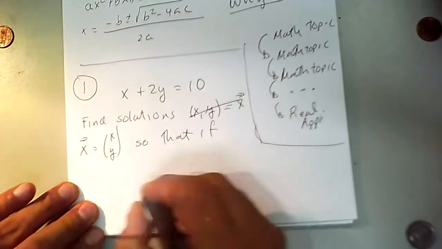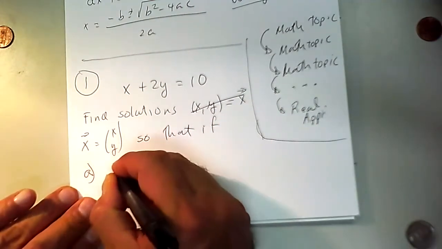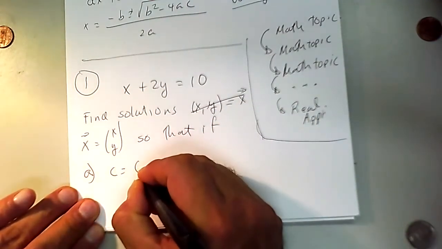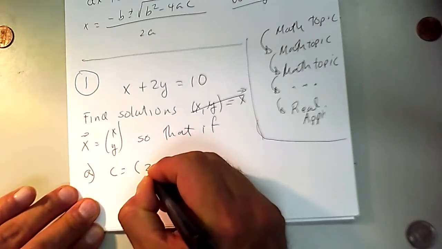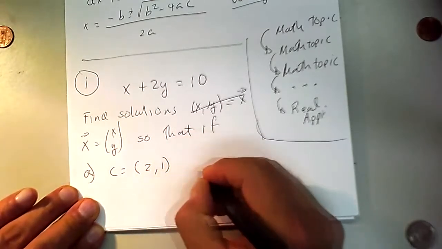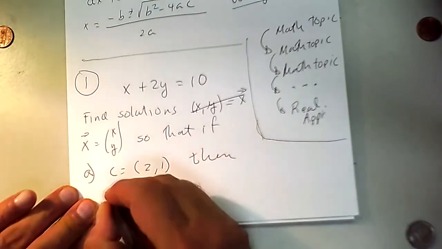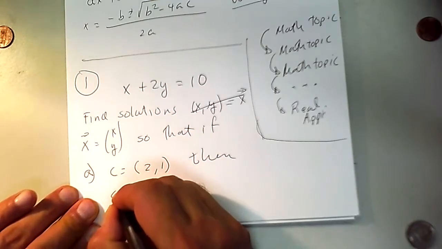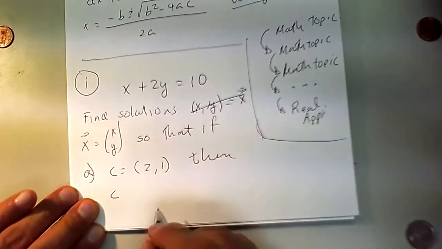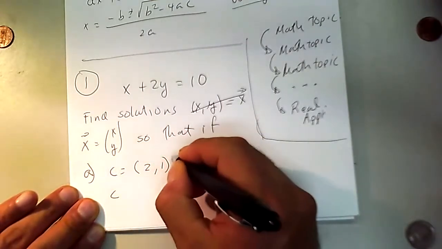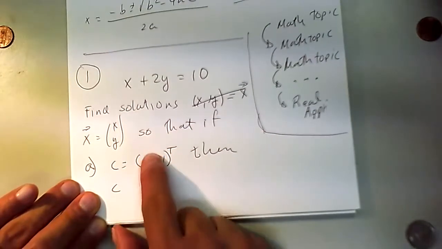So that if, and here's the A part, c is equal to (2, 1), then c, so this is a vector. Again, I should probably put it as a column, there, that'll fix it. So this is a column vector.